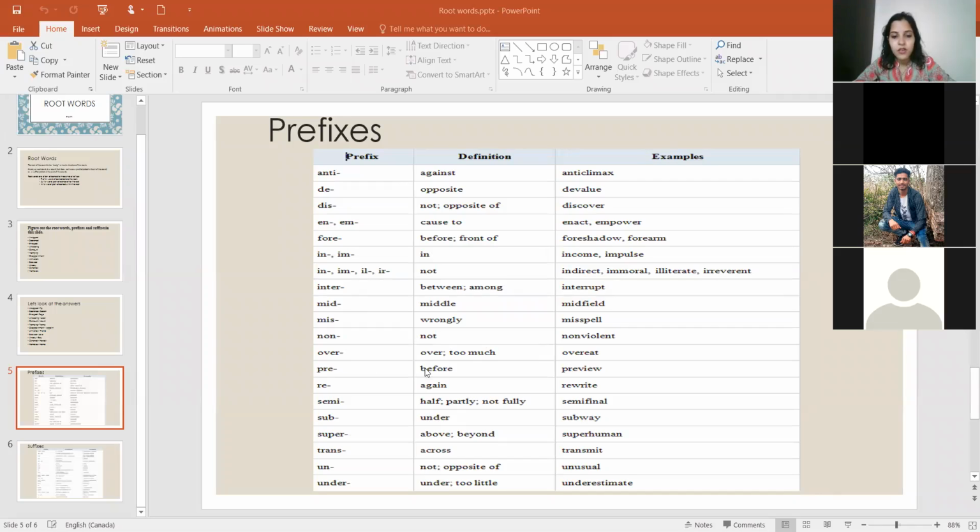Let's move to over. Over means too much. Overconfident, overview, overthinking. Overacting, okay. Overall, yes. Overexercise. Overcrowded.